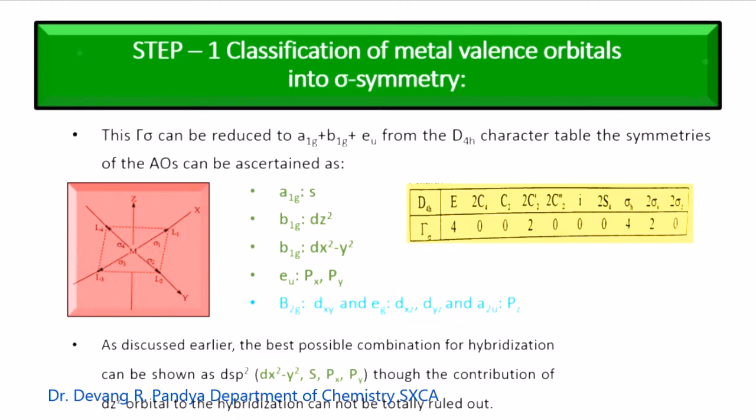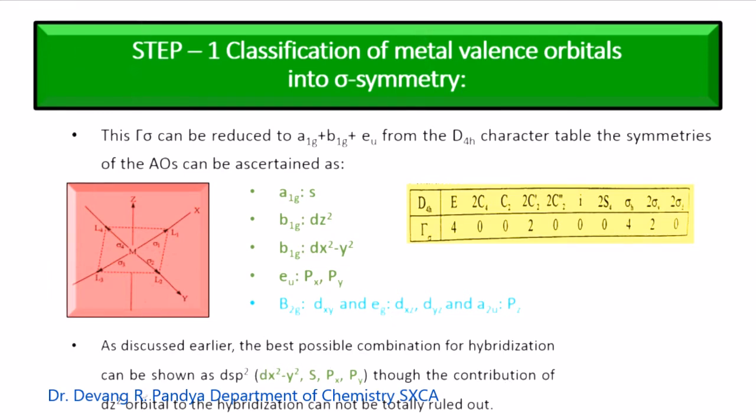That means these are the hybrid orbitals which participate in overlapping and in bond formation as well. So when we say dsp2 hybridization, the 3d x²-y², 4s, 4px and 4py, these valence orbitals of the central metal ion can participate in hybridization.